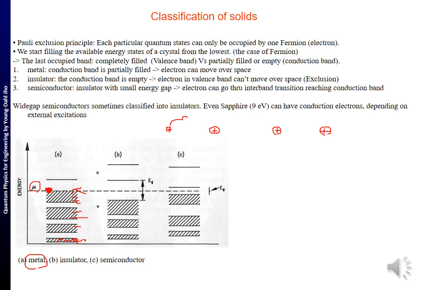Their distance is d. This distance is the lattice constant. They are aligned along a certain direction, for example x. The electron will move around from here to here, and then here. We call it hopping.